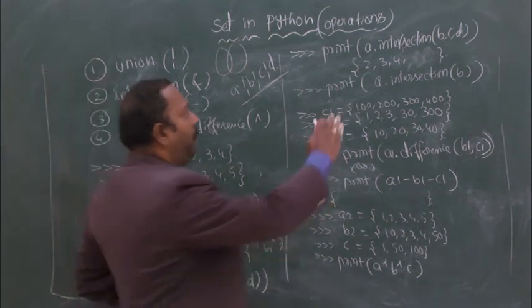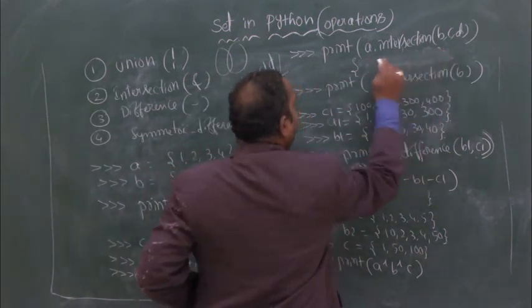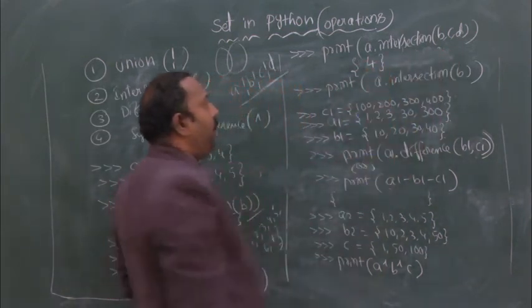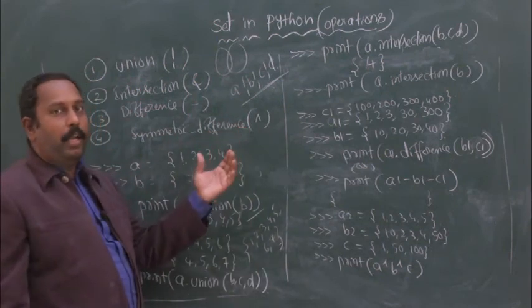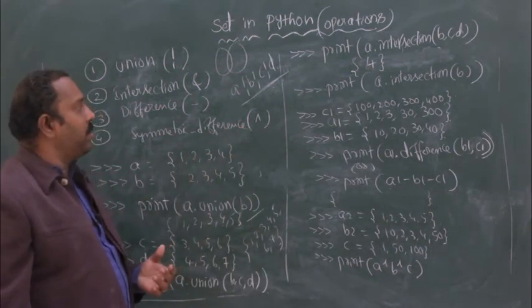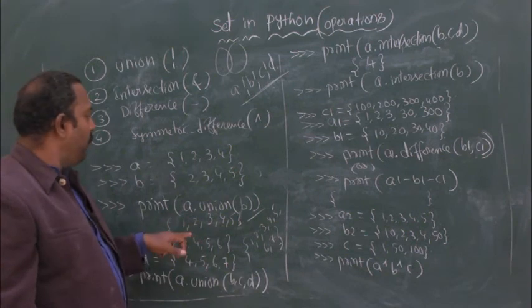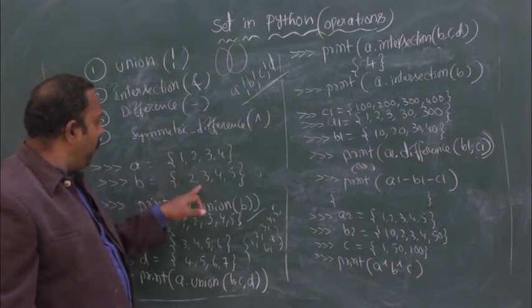So what is the common element here? 4 is the common element out of all these four sets. So common elements we can get by using the intersection operation, because 4 is available in A, B, C, D.